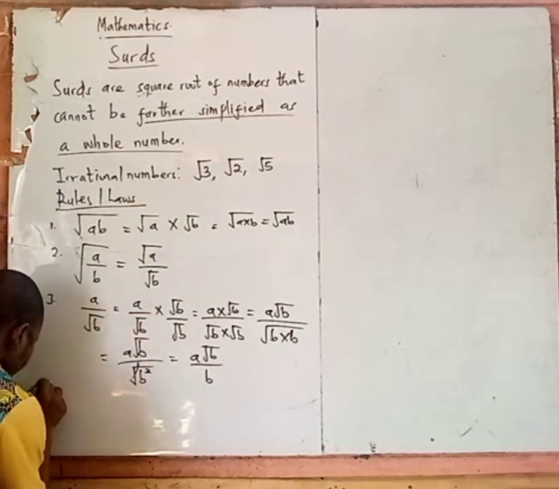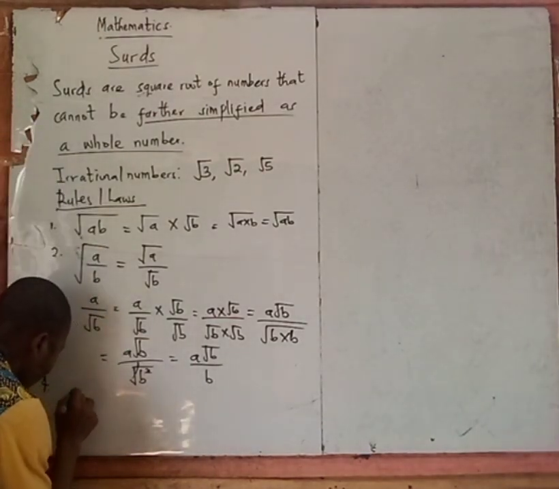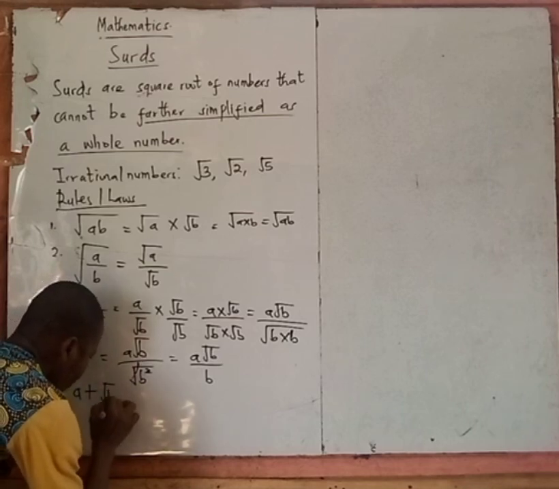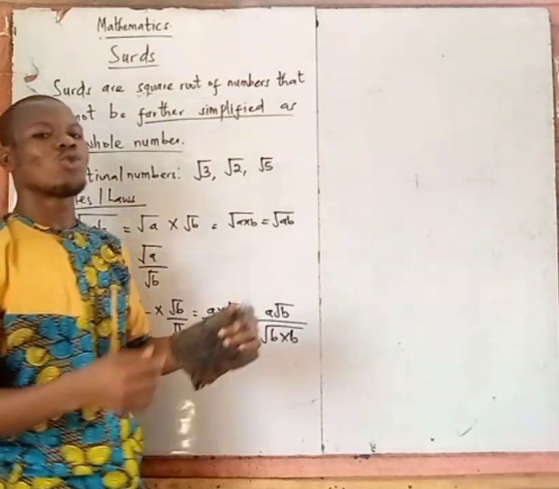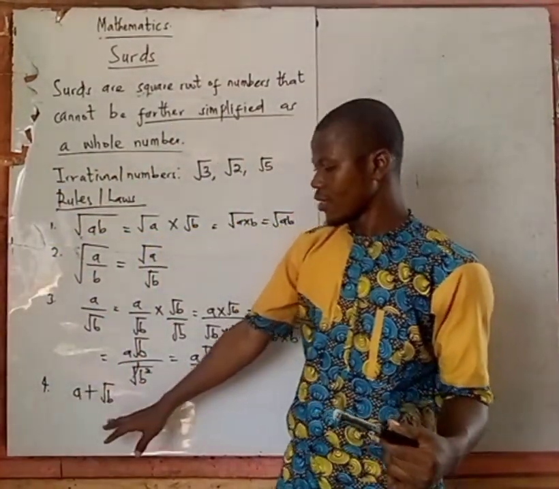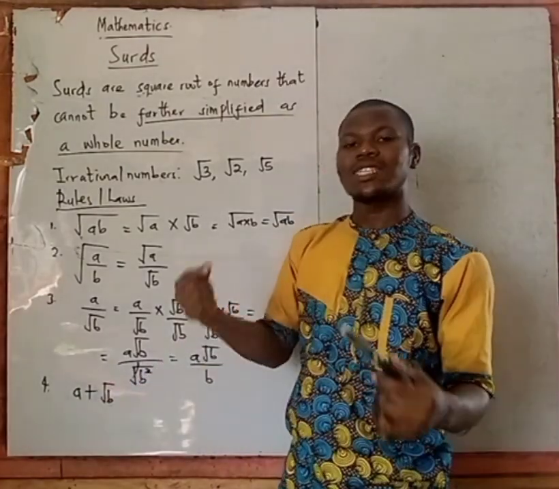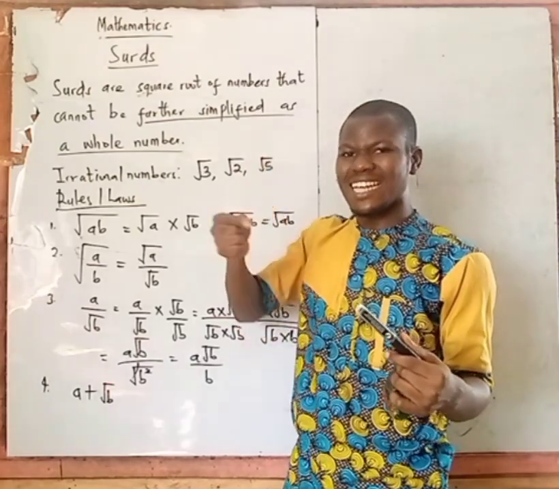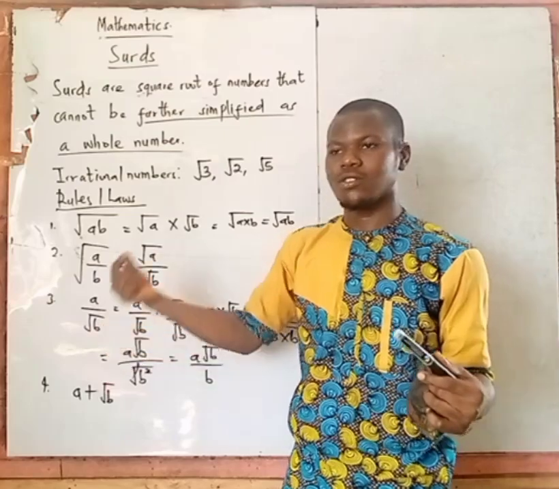So number 4, the fourth rule, is when we have a plus root b. If we are to conjugate this form of surd, conjugating means that you have to change the sign from plus to minus, or from minus to plus.